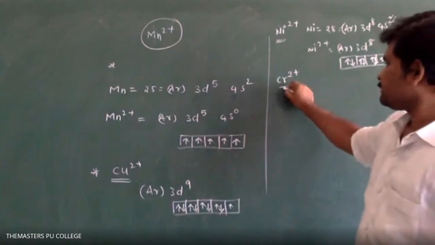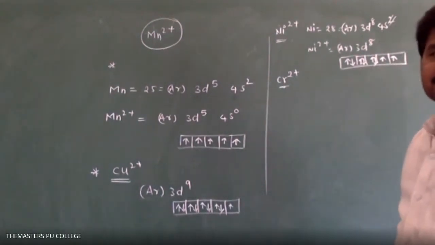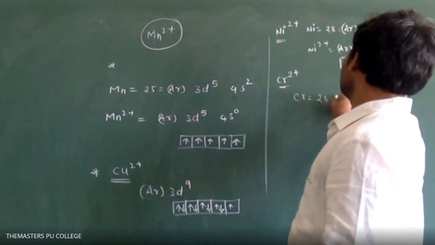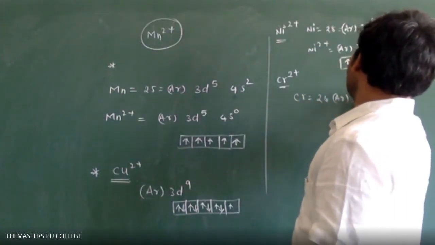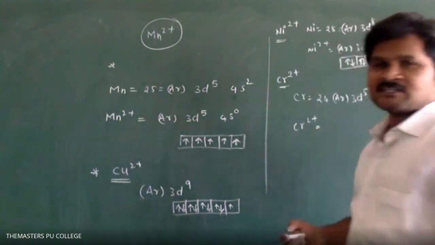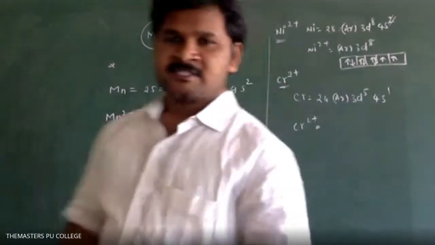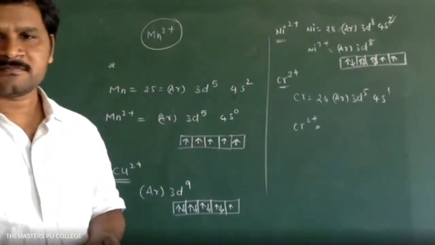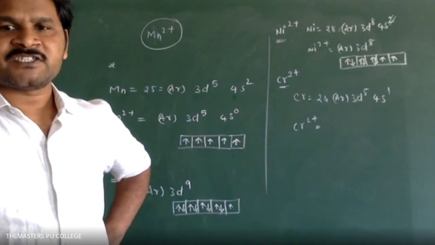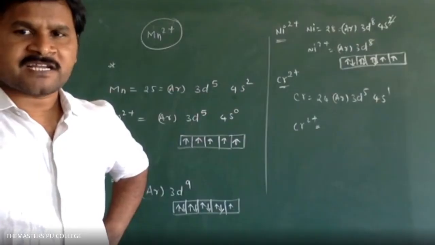Cr2+ means 3d4. Chromium first: 3d5 4s1. So for Cr2+ we have to remove 2 electrons now. Which 2 electrons do we have to remove?